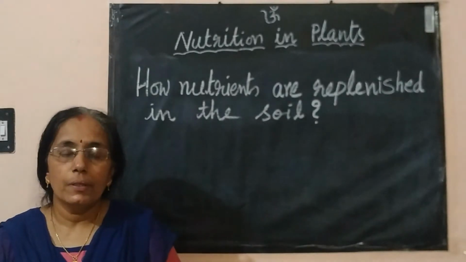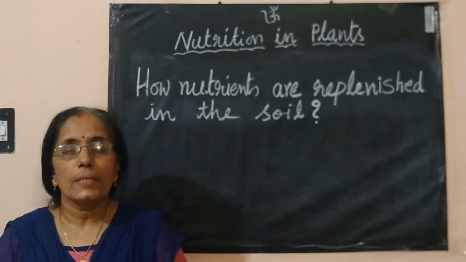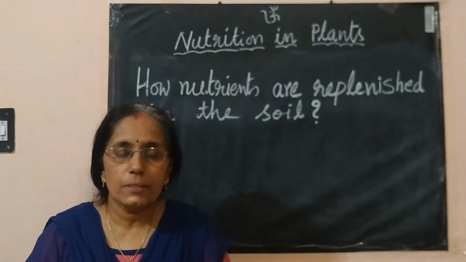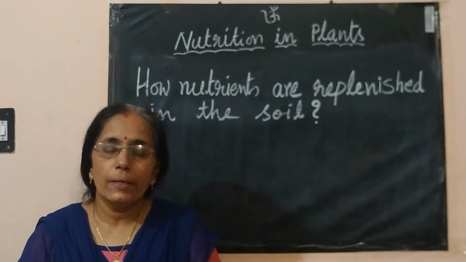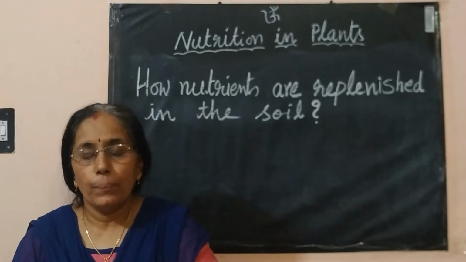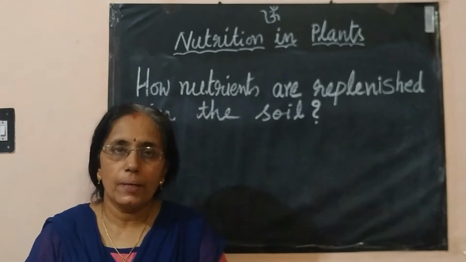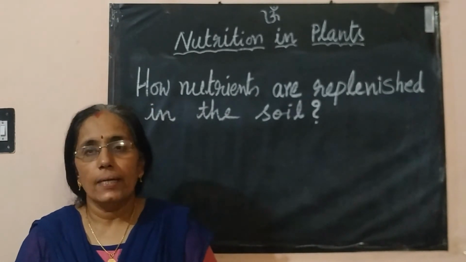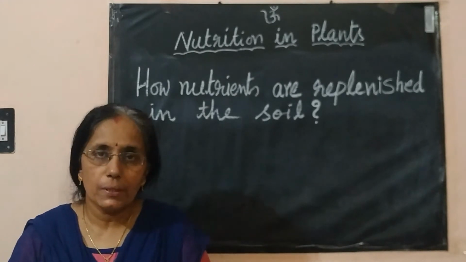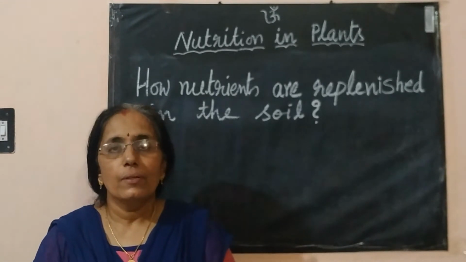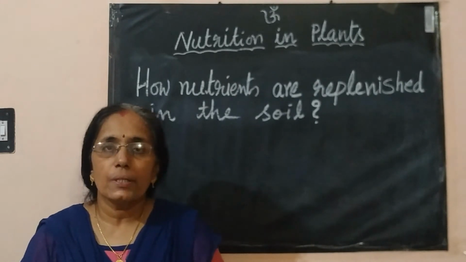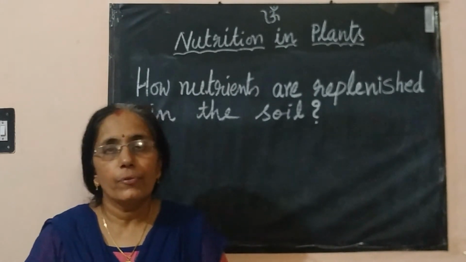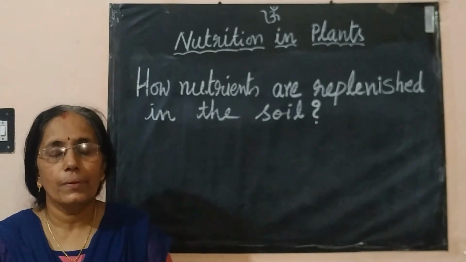What are the methods of renewing the nutrients, minerals in the soil that we are going to study now? You must have heard or seen that farmers add artificial fertilizers or manure in their fields. Gardeners also add manure to the pots or in the garden plants. These fertilizers contain the plant nutrients like nitrogen, phosphorus, potassium, etc. These nutrients are to be added from time to time.